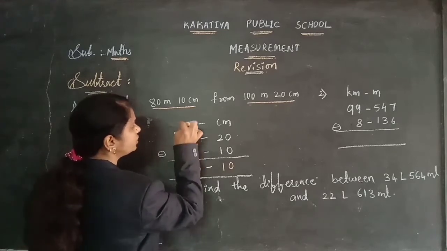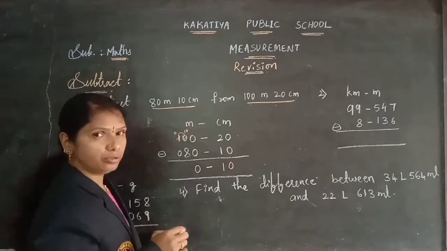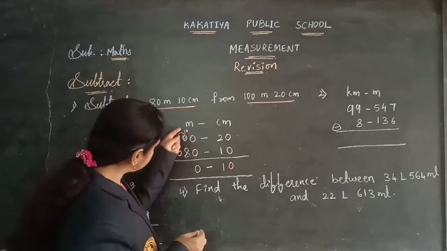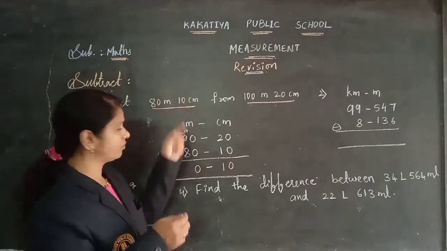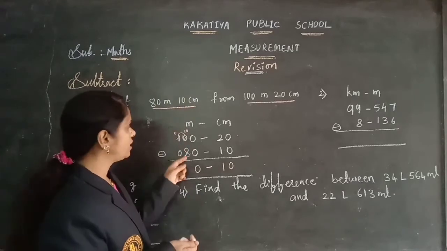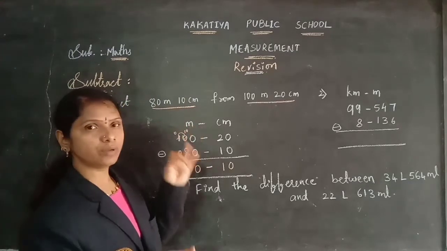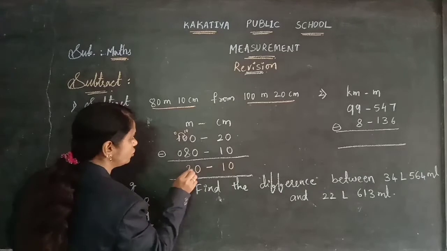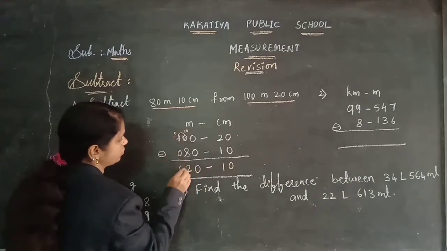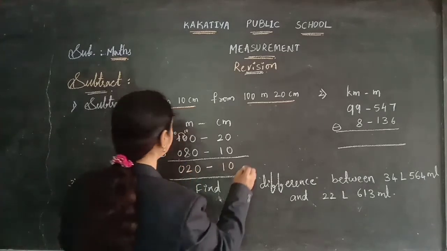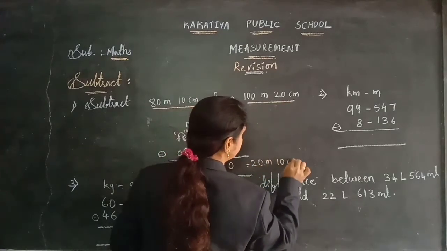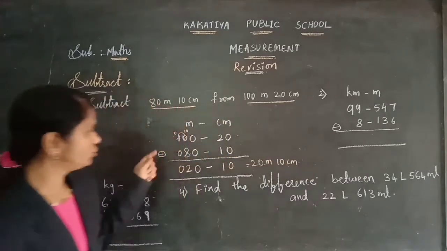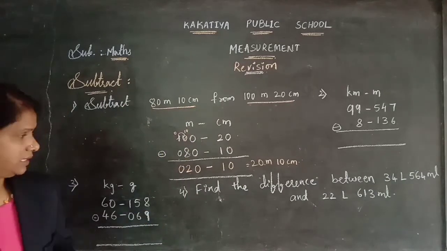Now count from 8 to reach 10, or do 10 minus 8. It is better to count from down to up: 8 after 9, 10. Two numbers are required to reach 10. So 2 here and 0 here. The answer is 20 meters and 10 centimeters.